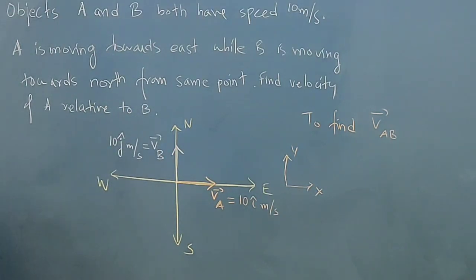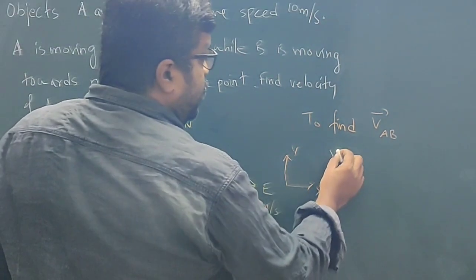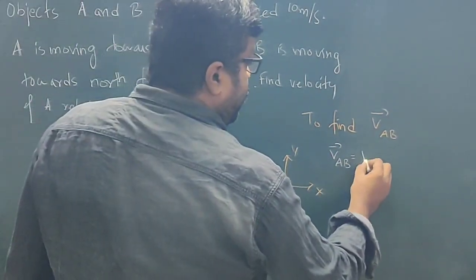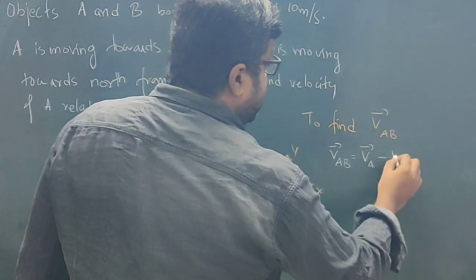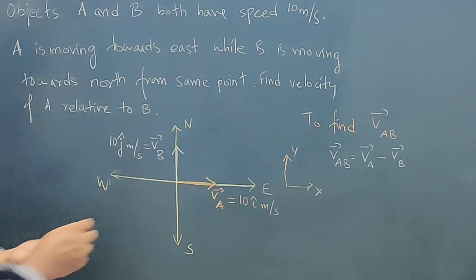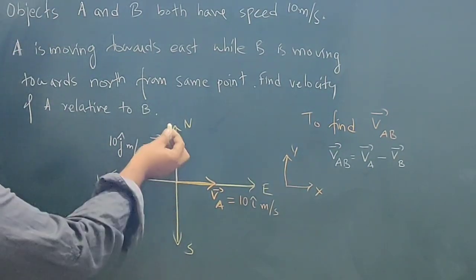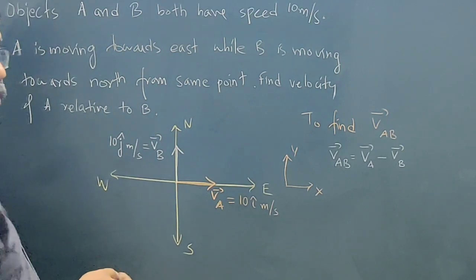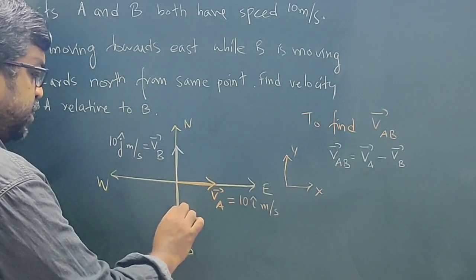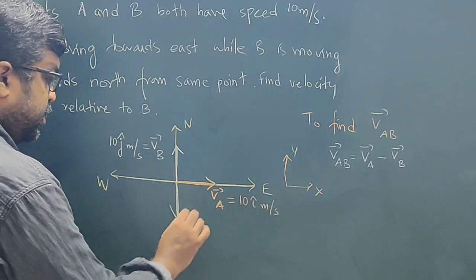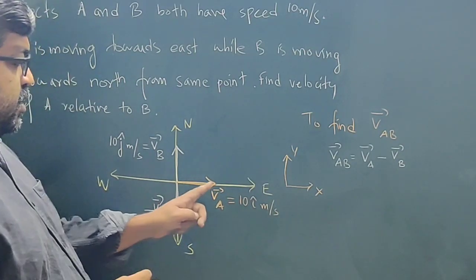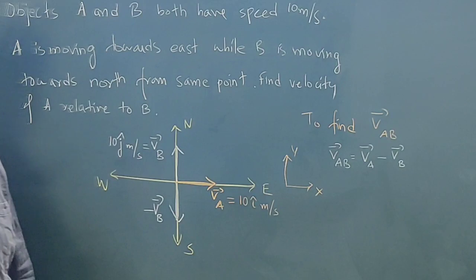Previously we have seen that velocity of A with respect to B, this is actually VA minus VB. Now VB is towards north, so obviously the direction of minus VB will be in the downward direction. So this is VA, this is minus VB.